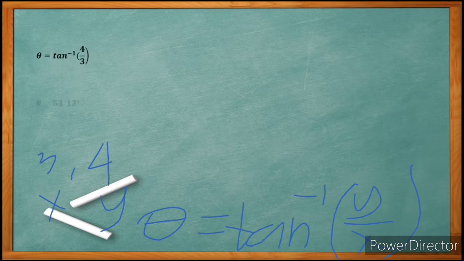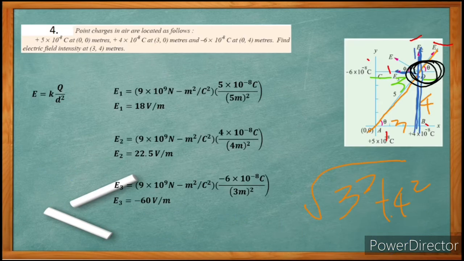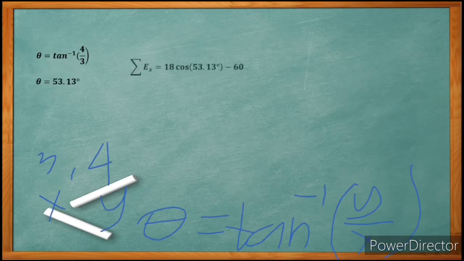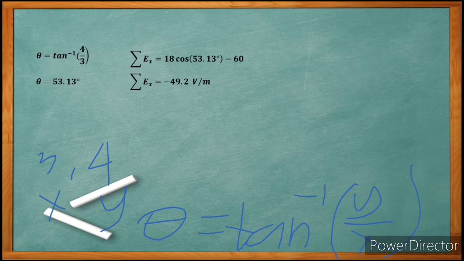For the summation of the electric intensity at x component, we have 18 cosine theta, which is 53.13 degrees, minus 60, which is our value for electric intensity 3. And for the x component, we have negative 49.2 volt per meter.